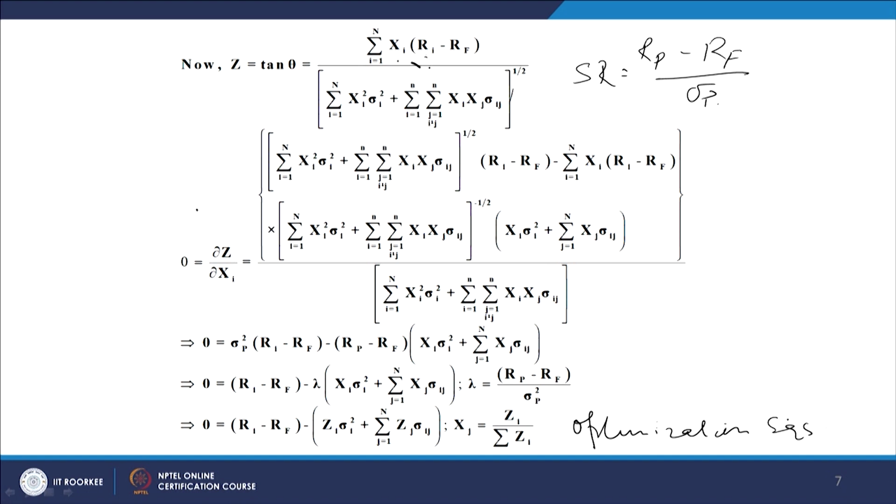So, if we can solve these optimization equations, we arrive at the optimal portfolio corresponding to a given risk free rate. Please note, this particular exercise assumes the existence of a risk free rate. What is the efficient frontier now? Let us go back for a minute.